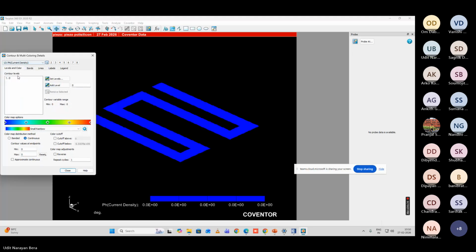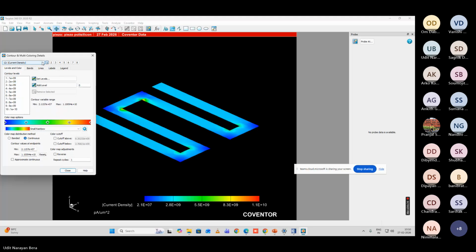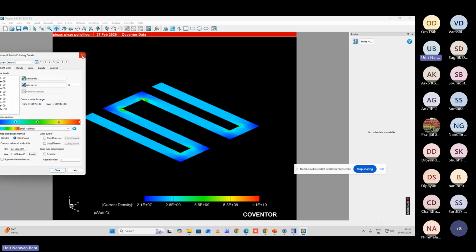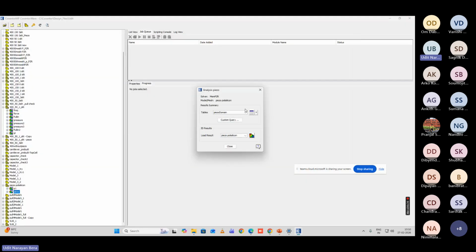So that's how you can check the different types of piezoresistive effect. I mean, the change in voltage or change in current.